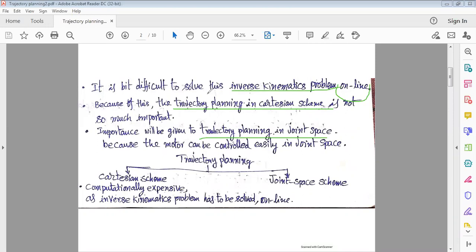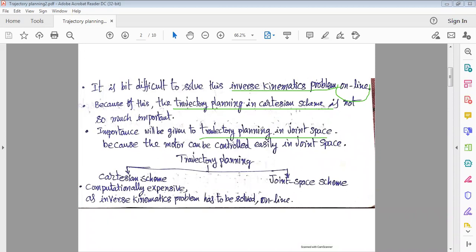So why is trajectory planning in joint space important? Because at each joint there is a motor which drives the joint at that particular point, and that motor can be controlled easily in joint space only.